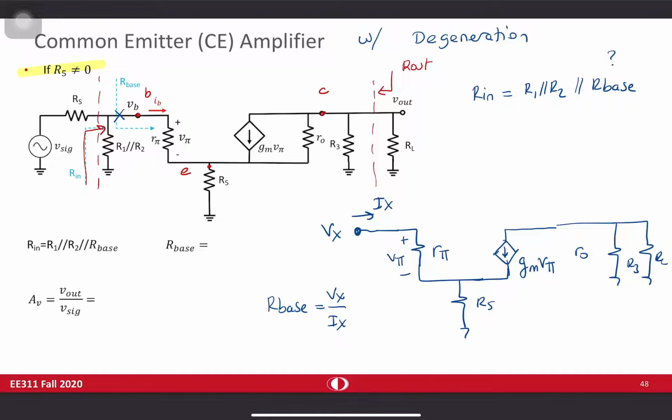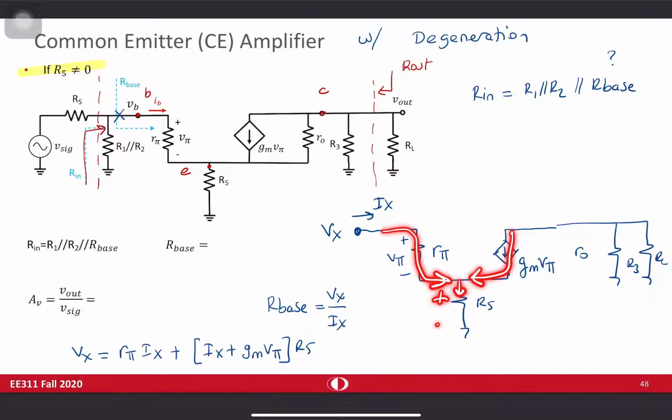If you solve for Vx, Vx will be equal to V pi, which is R pi Ix, plus Ix plus Gm V pi passing through R5. So this is the potential in here. For finding Vx, I am writing this potential first, which is R pi Ix. Then I am writing this potential, which is R5 times Ix plus Gm V pi.